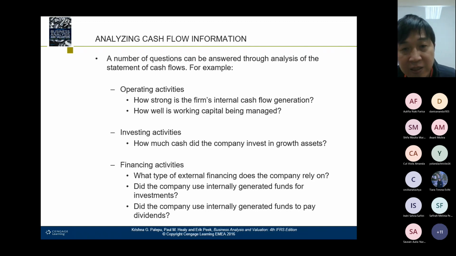How well is the working capital being managed? How much cash did the company invest in gross assets? What type of external financing does the company rely on? Did the company use internally generated funds for investment? Did the company use the internally generated funds to pay the dividends?